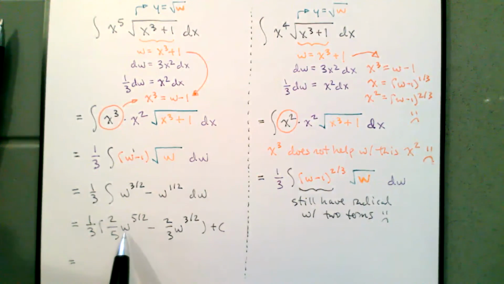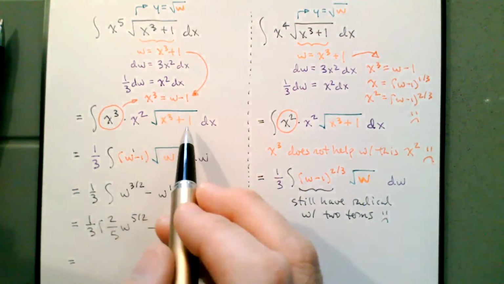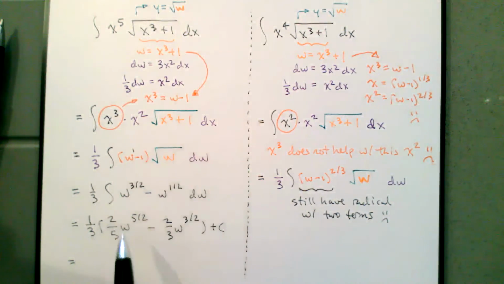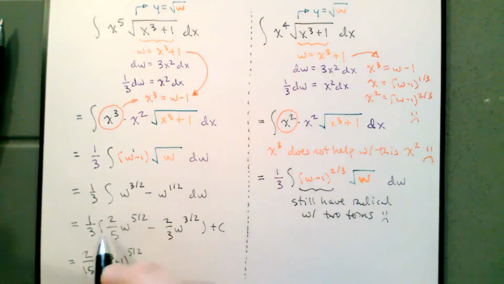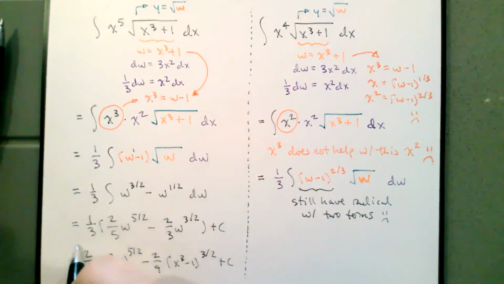Now I need to replace my w with x cubed plus 1 and then multiply by 1/3. So I'll have 2/15 x cubed plus 1 to the 5/2 minus 2/9 x cubed plus 1 to the 3/2 plus some constant.